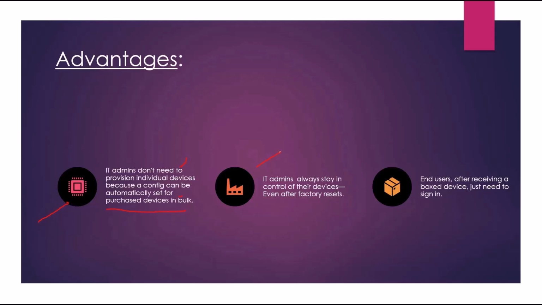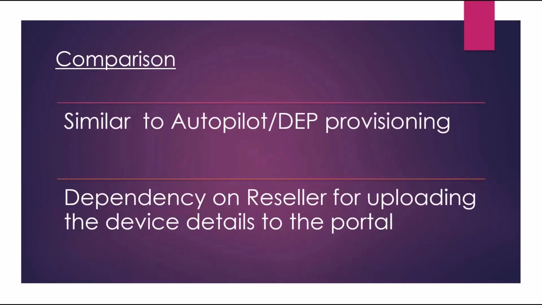If you have put in a policy that no application on the device should work except a LOB application which you have deployed, then even if the device is stolen, the end user will not be able to do anything. Even if he factory resets the device, he still won't be able to do anything, because you have created a configuration profile and deployed it to the serial number of the device, right? Which you will see later. And then the end user just needs to get the device, unbox it, and then he is business ready.